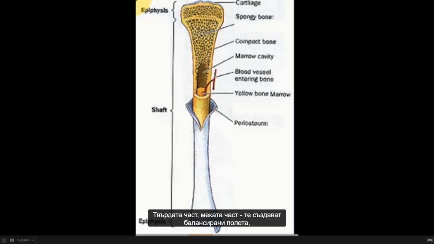Because the hard side and the soft side create a balanced field which, for example, absorbs surplus phosphor from the lymph, or the gravitational magnetic field of the phosphor.